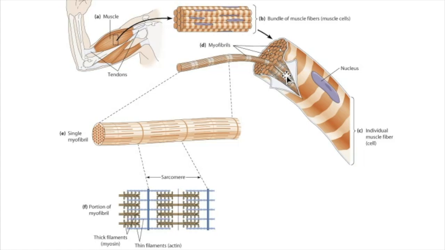But in addition, we find the cytoplasm just packed with these long structures called myofibrils. Each myofibril is also striped, or striated. The artist has pulled out one myofibril here and shown us that along the length of the myofibril we find individual sarcomeres. And remember, the sarcomere is the unit of contraction within skeletal muscle.